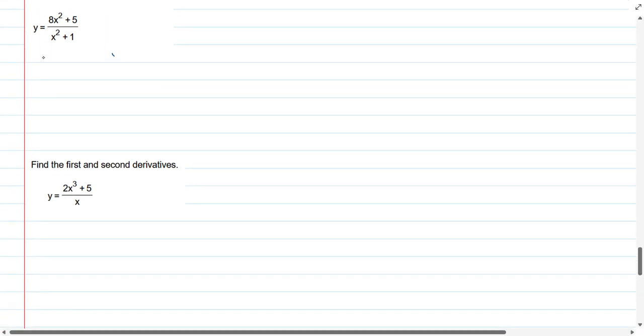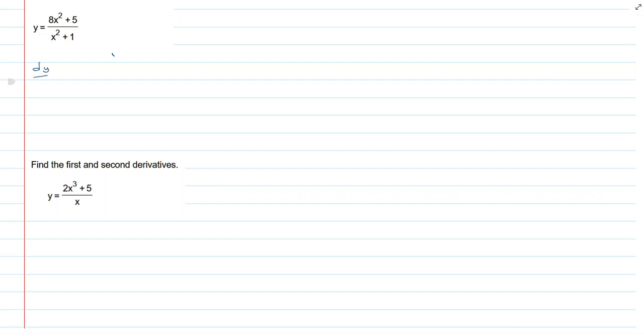Right. So we're saying dy/dx is going to be the derivative of the top times the bottom, minus the derivative of the bottom times the top, over the bottom squared. All right, we're going to do some distributive property.